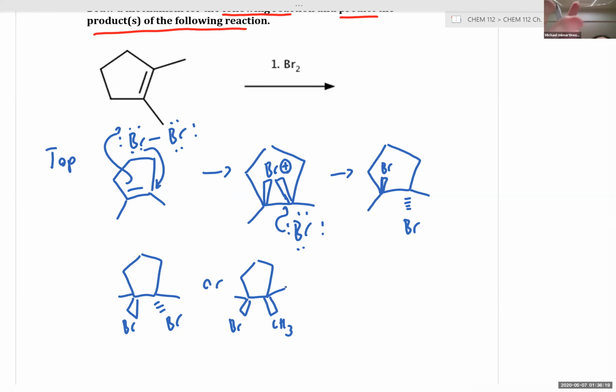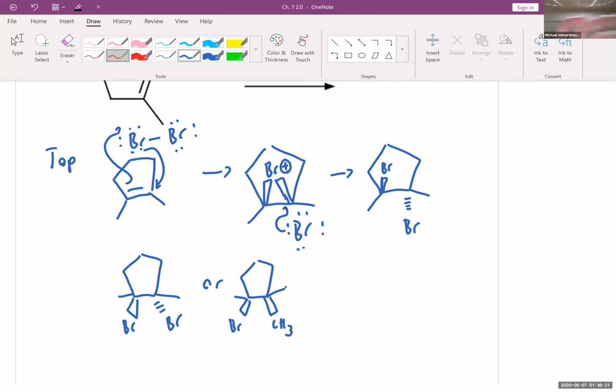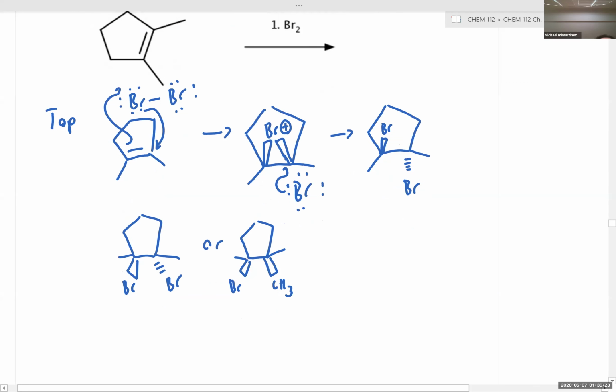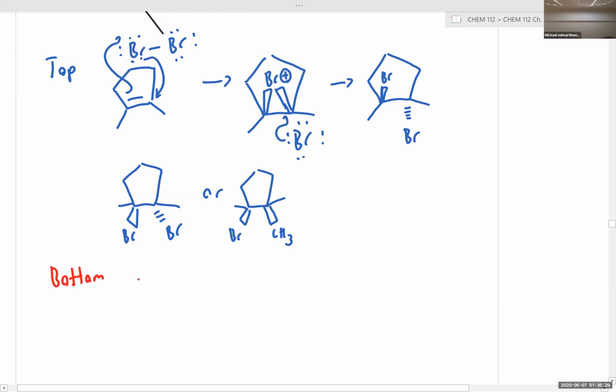Let's now entertain the enantiomer. So let's look at the attack from the bottom face. So we're going to draw our exact same alkene, except this time our bromine will attack from the bottom face.